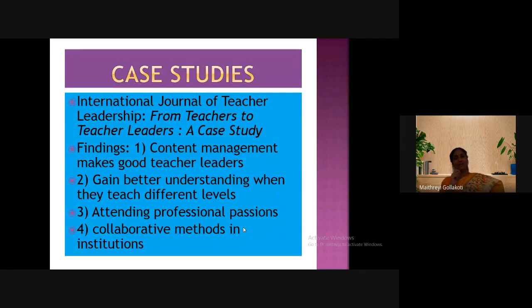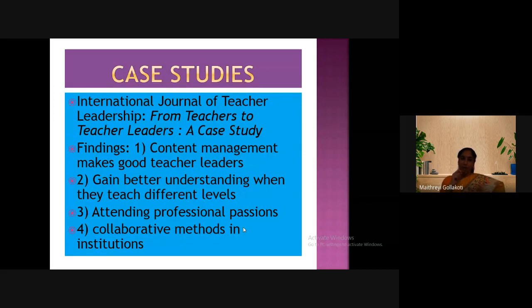Now, these two case studies are taken from the research thesis presented by two different groups of people. These case studies are done on a sample of 250 teachers in the first case study, and a sample of around 150 schools in the second case study.